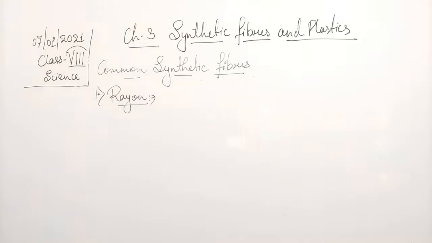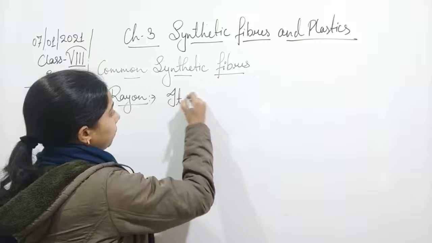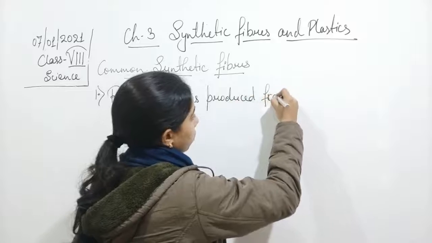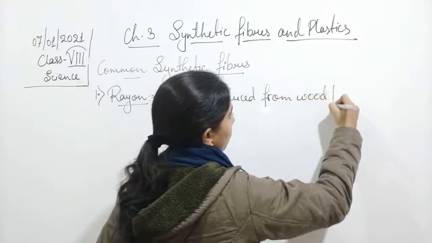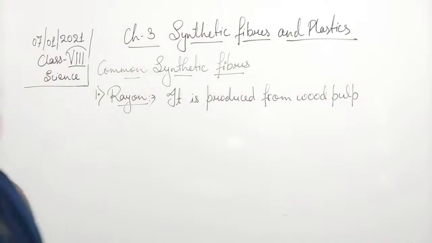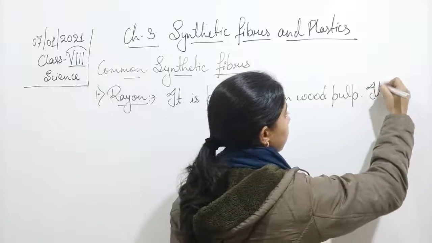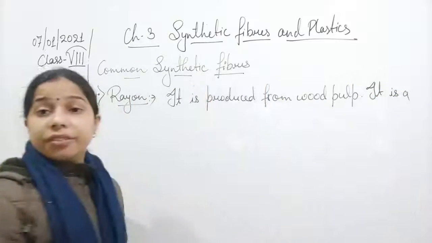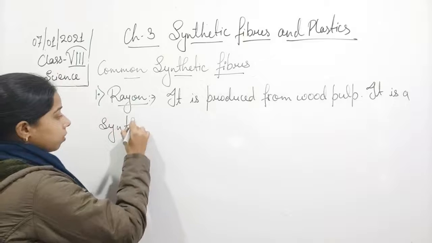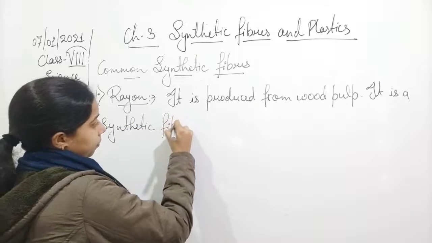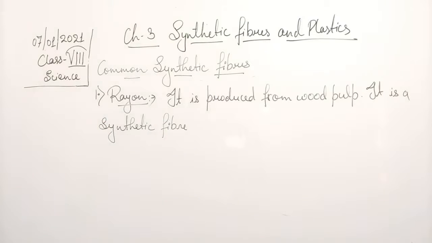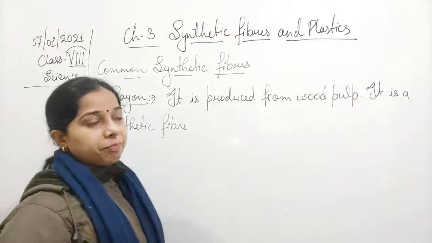So we can write it. It is produced from wood pulp. It is a synthetic fiber which is obtained from plants, that is the cellulose, and then it is prepared artificially.